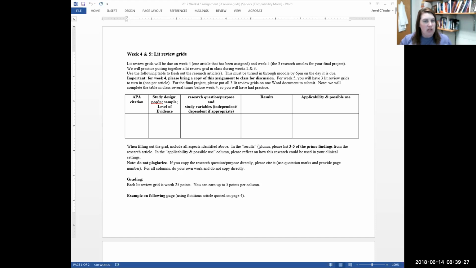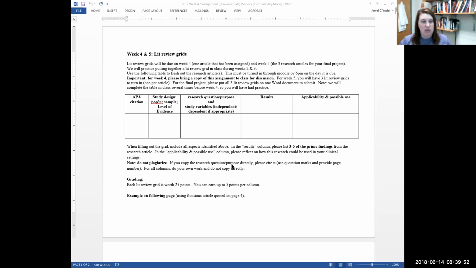And so again, for submission in Moodle, please print off the literature review grid that's posted there, and you can just expand that enough that you can put all 3 of your studies into one document and upload that. Of note, you need to do your APA citations. Please focus on not plagiarizing.